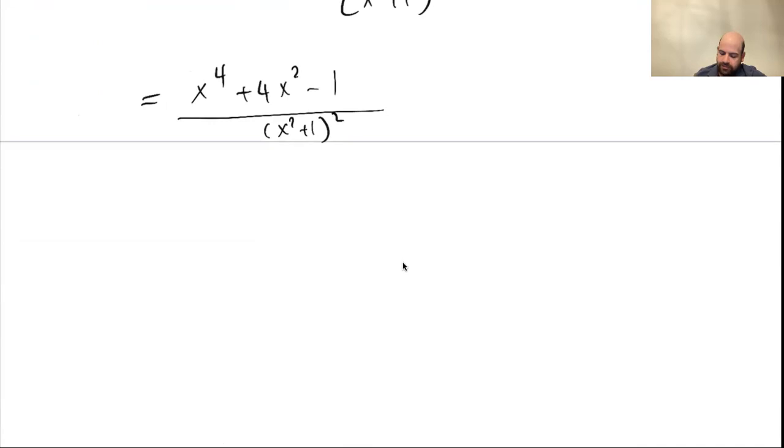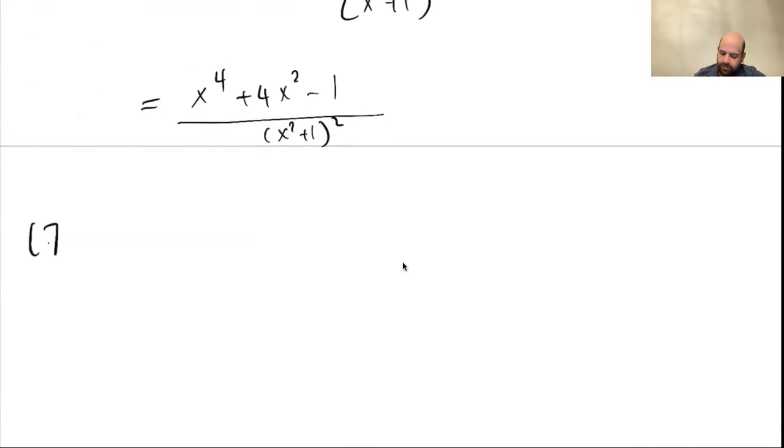Now the next rule we can look at, the seventh rule: if you have some trigonometric function, let's say f of x equals sine x, then f prime of x is equal to cos x.